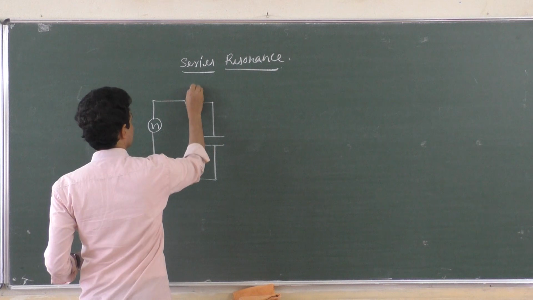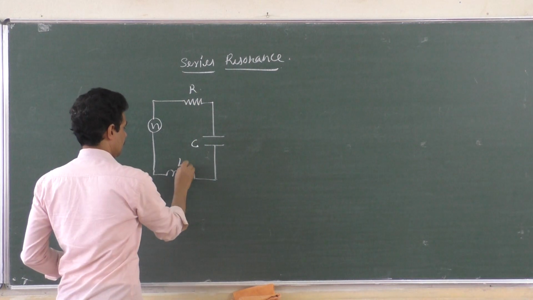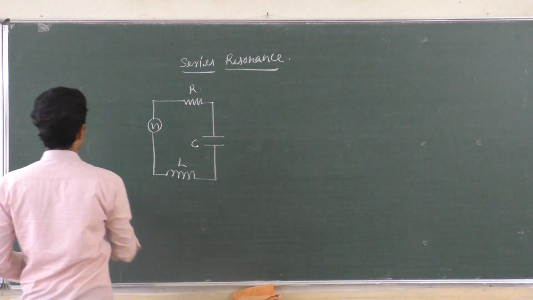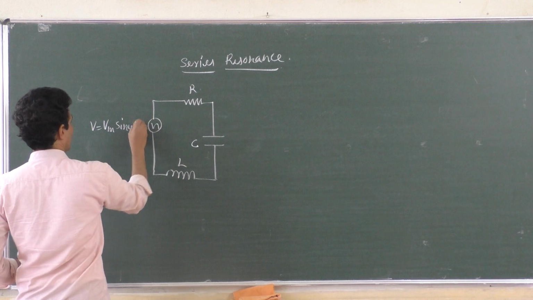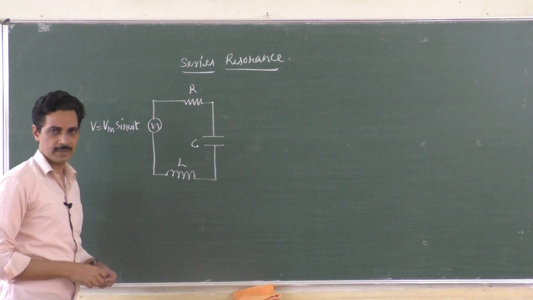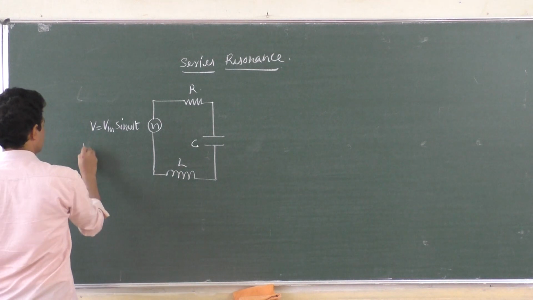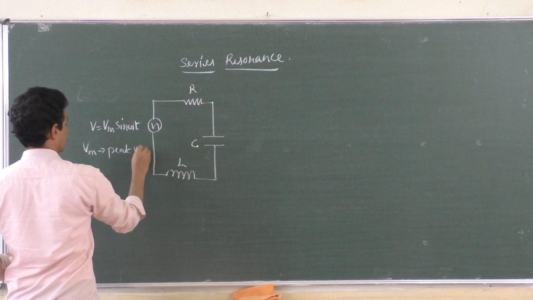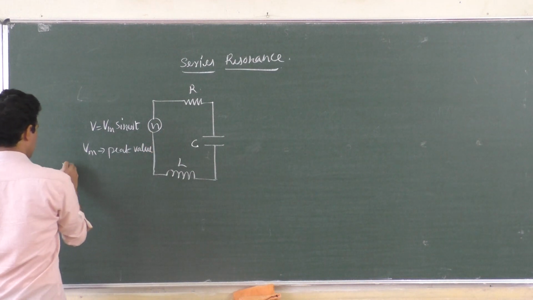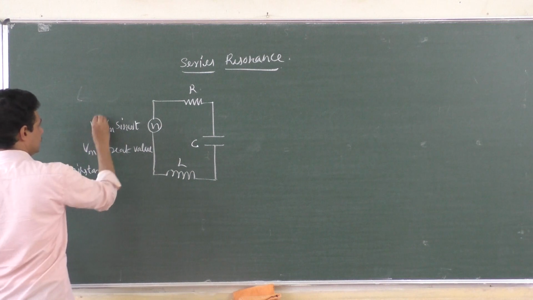So R is the resistance of the resistor, C is the capacitance of the capacitor, L is the self-inductance of the inductor, and V equals Vm sin omega t is the alternating voltage that is applied, a sinusoidally varying voltage, and Vm is the peak value of EMF, and V is the instantaneous value at any instant of time t, right?